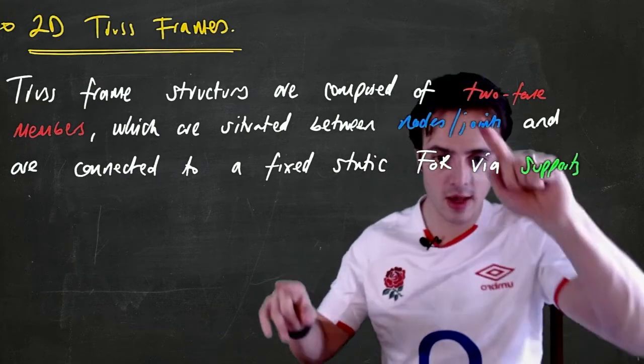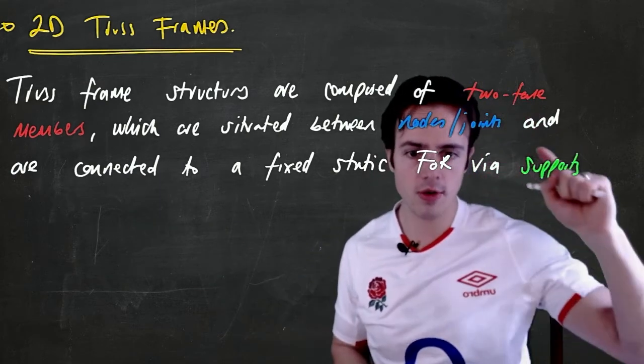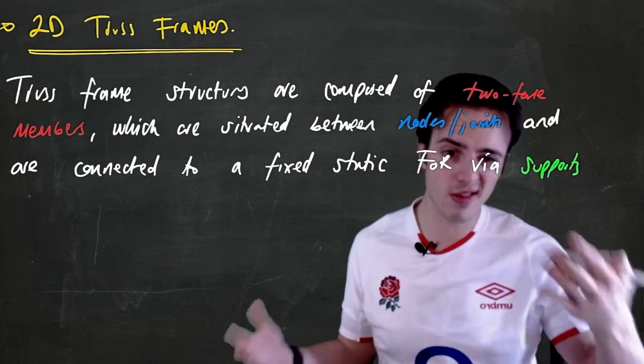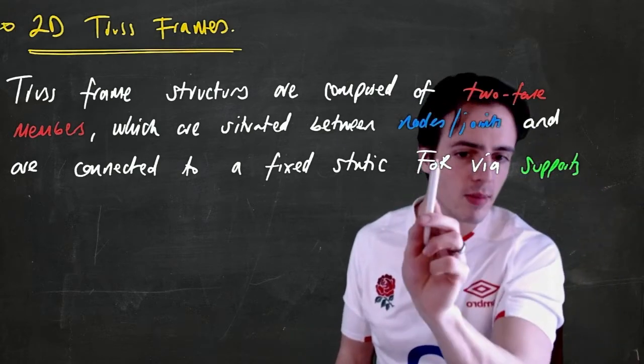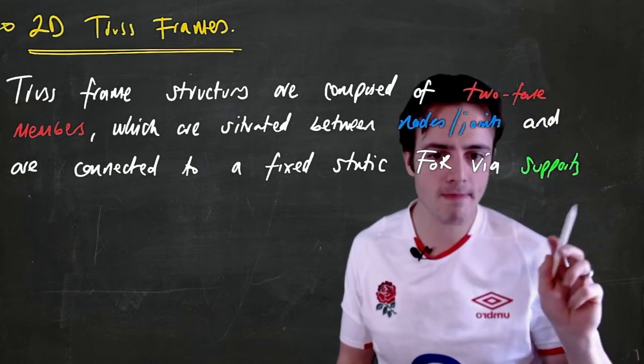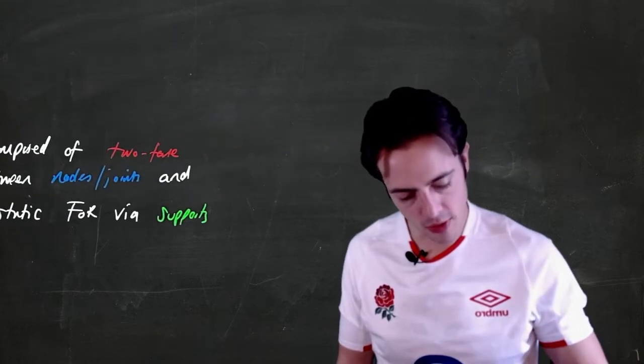So we're going to look at these three things: two force members, nodes and joints, nodes or joints, same thing. Those two are always going to mean the same thing in this part of the module, okay? And we're looking at the two different supports.